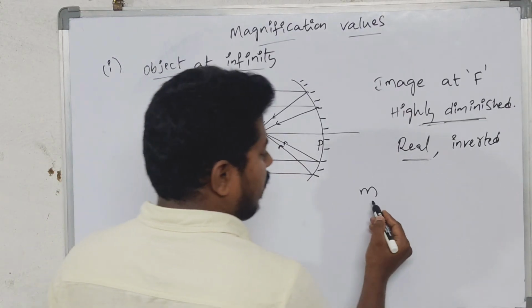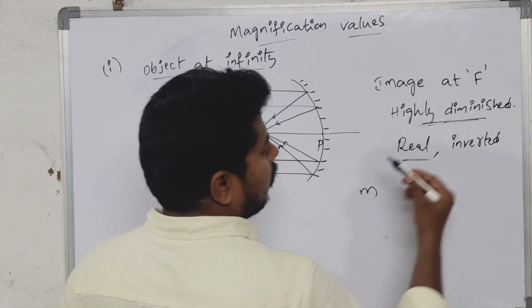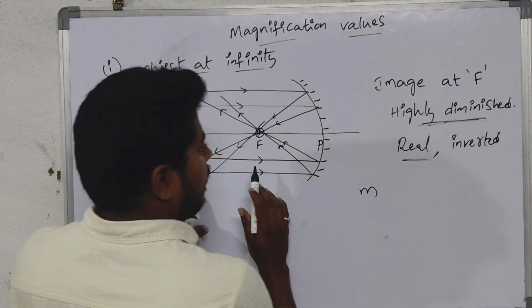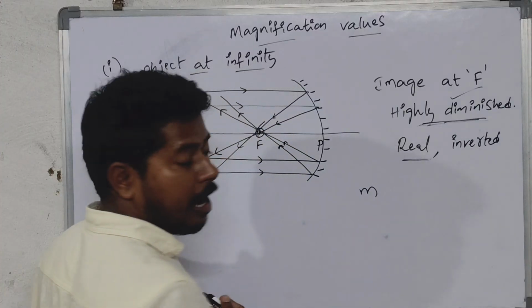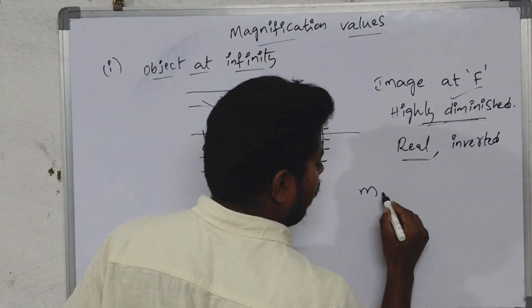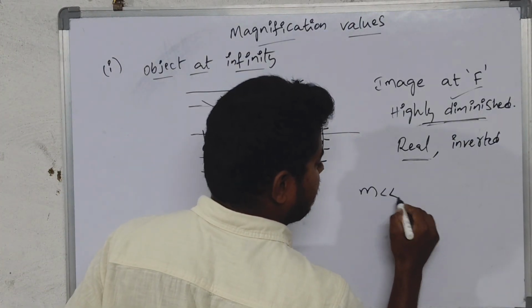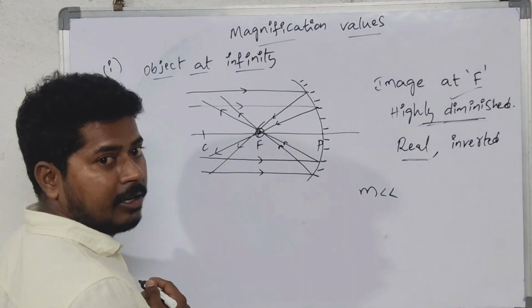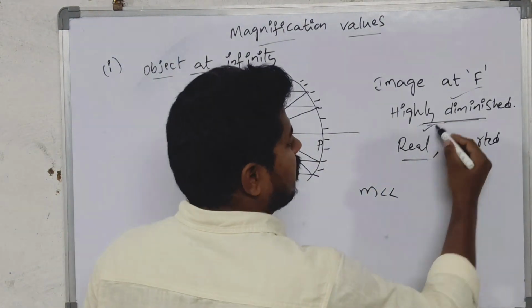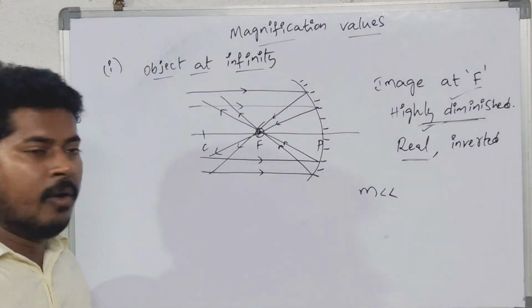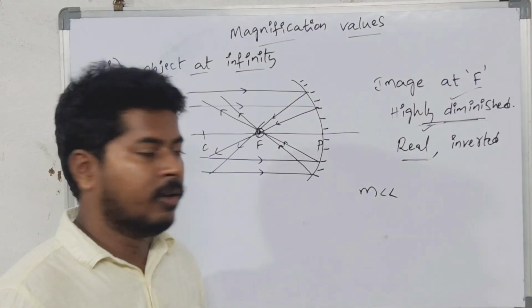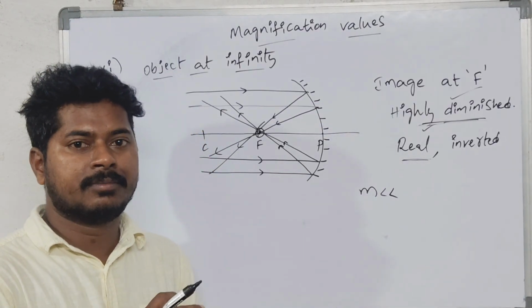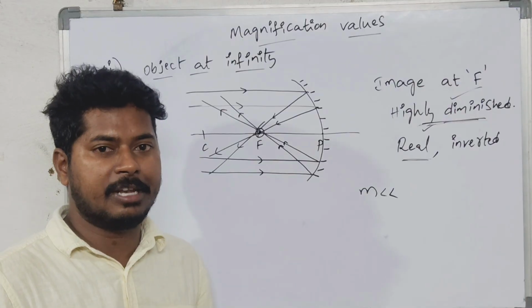We know for this case we got a highly diminished image. Highly diminished means less than 1, and it is a real image. For real images, magnification is negative.